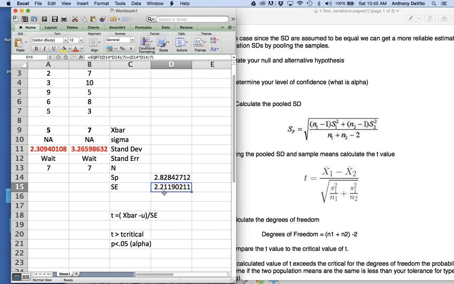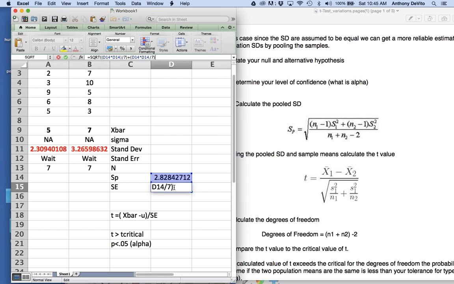So the standard error is equal to 2.21. I don't trust that. Why would it only need a single? See, now it looks like it's doing the square root of this and then adding this to it. That's not what I want. Why is it forcing me to eliminate? I got two parentheses in this direction.